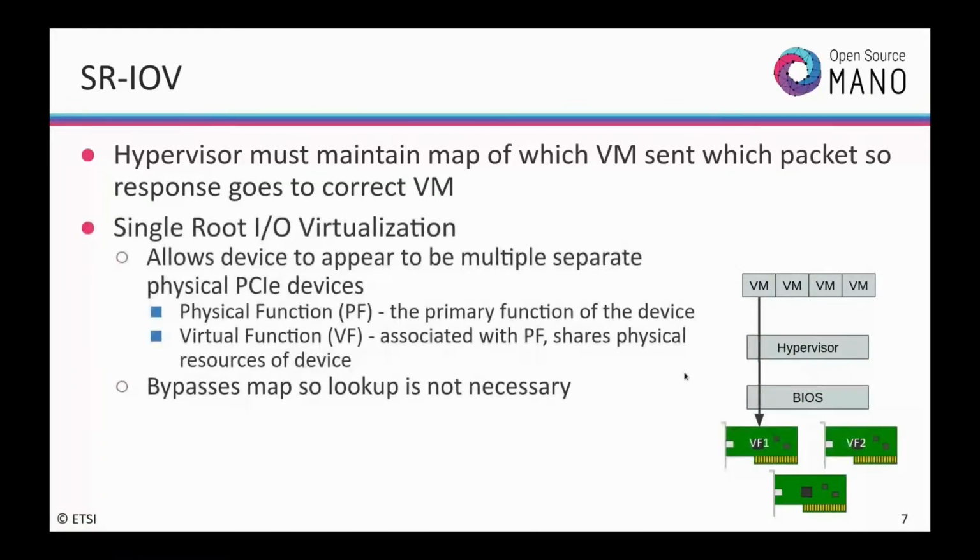Now, what SRIOV, or single root IO virtualization, does is it is a technology that's built into your network card. It works in conjunction with your BIOS to present the one physical network card as multiple virtual network cards inside of your server.